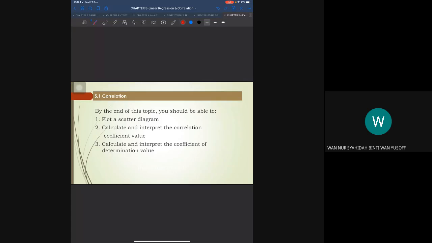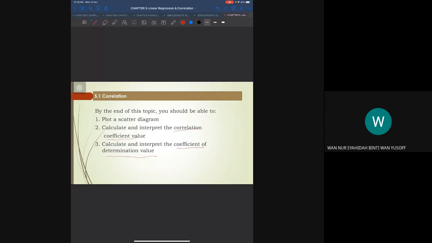It is a simple numerical value that we can calculate to discuss the relationship between variables. We have two different numerical values here that represent relationship. The first one is the correlation coefficient value and the second one is the coefficient of determination value.